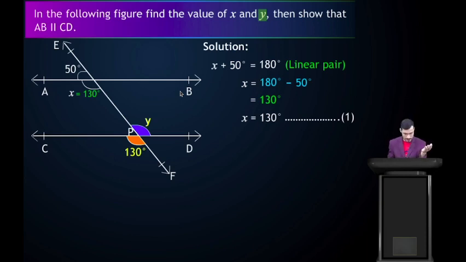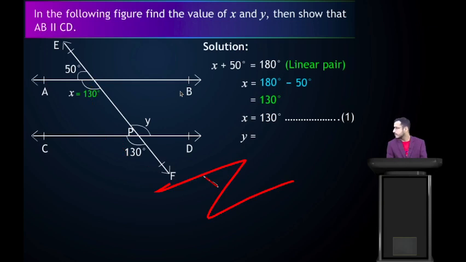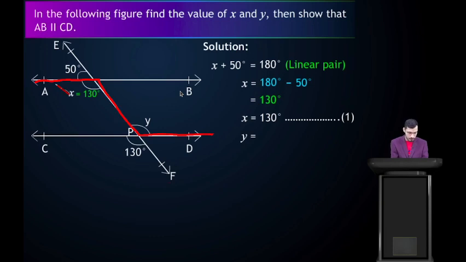We can see alternate angles, Z is formed here. So y is 130 degree, that is our second equation.